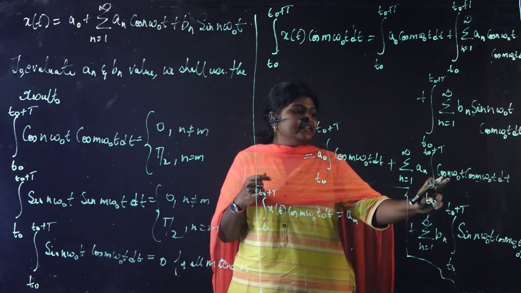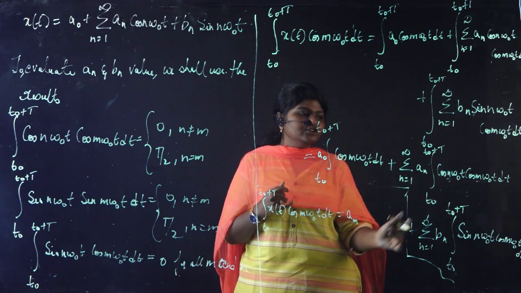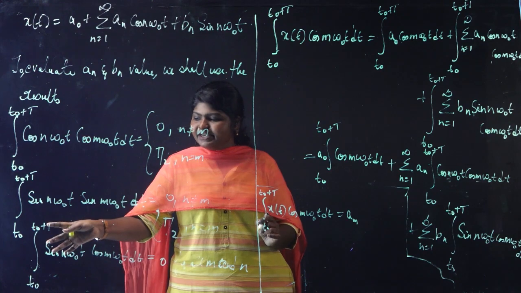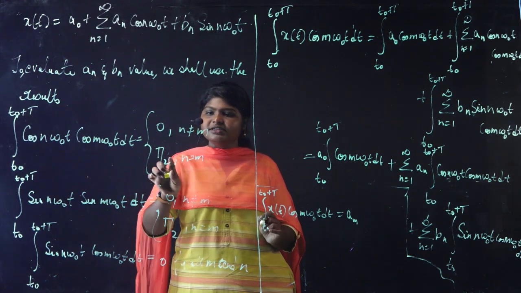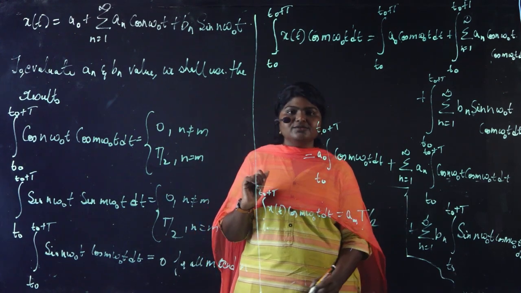At n equals m, with cos m omega naught t, the whole integration in a period will equal T by 2. I am simply substituting the T by 2 value here.